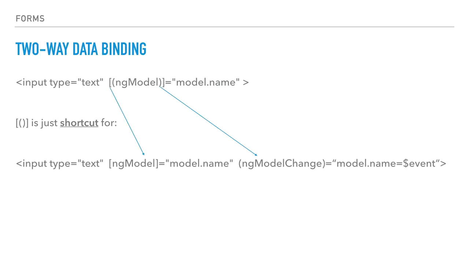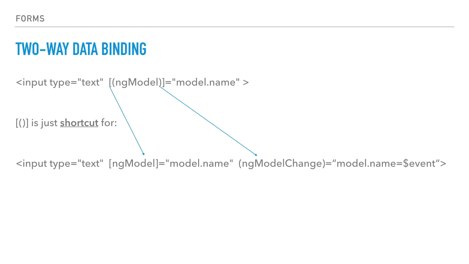Okay, so how does this work? Actually, the banana in the box, the two-way data binding with the square brackets and inside the parentheses, is just a shortcut to the real implementation that, as I mentioned before, is a combination of the square bracket and the parentheses in different parts of the input.